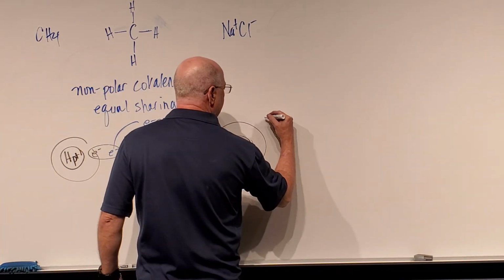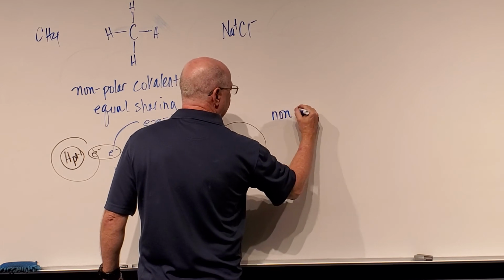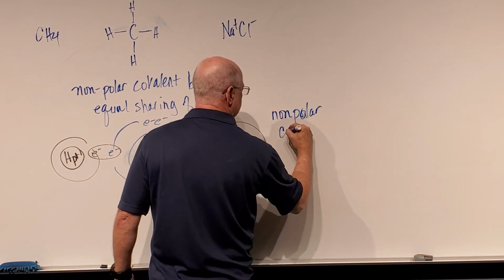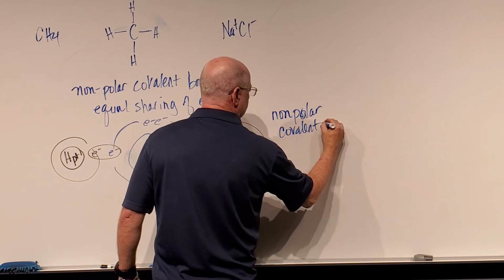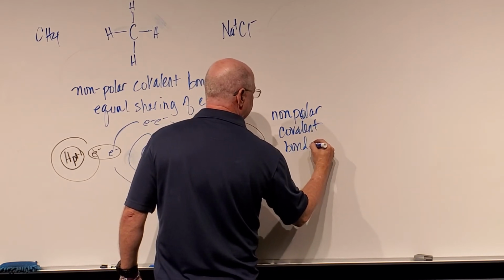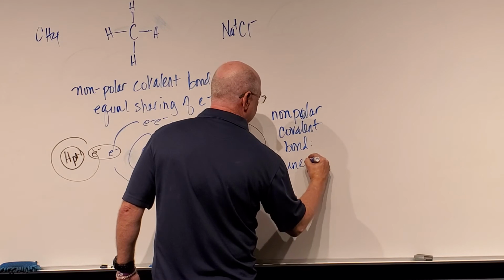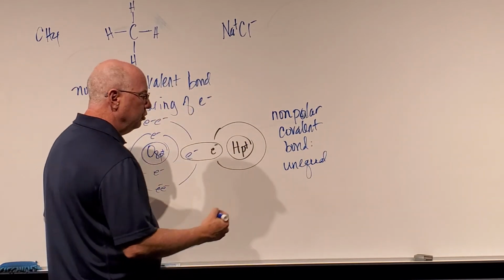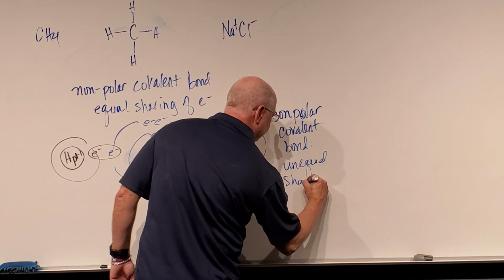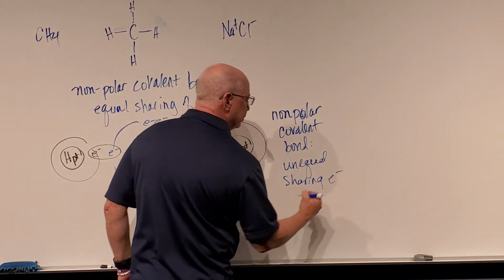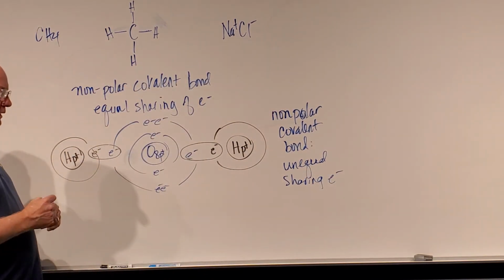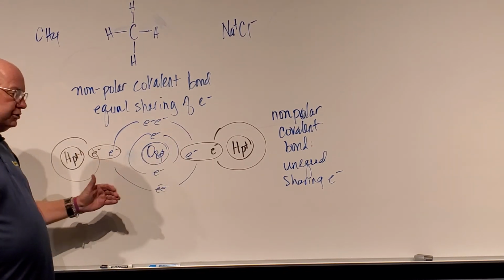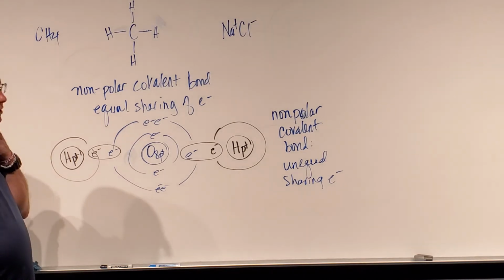We call that a polar covalent bond. It's a bond formed between two atoms where there's an unequal sharing of electrons. They share the electrons, but they are not shared equally. And the electrons will spend a little bit more time around the oxygen than they will the hydrogens.